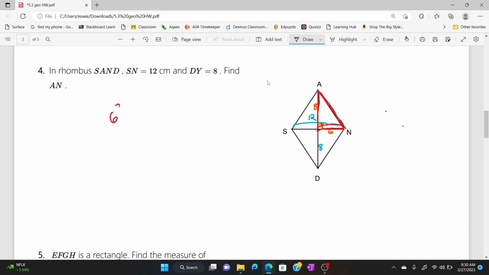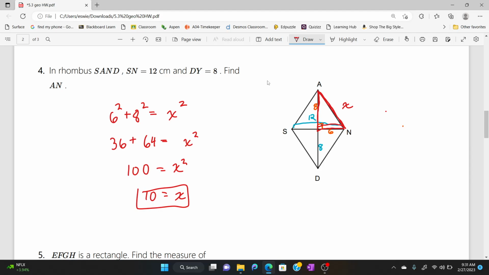Yeah, I know. 6 squared plus 8 squared equals something squared. 6 squared is 36. 8 squared is 64. That equals x squared. 36 and 64 is 100. The square root of 100 is 10.